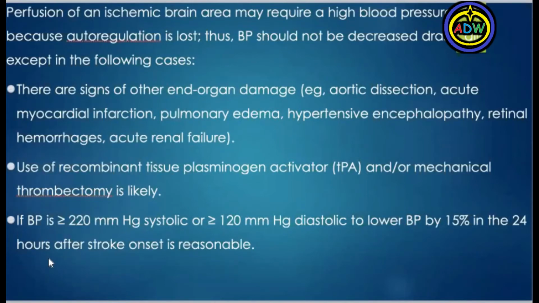So, if there is use of recombinant tissue plasminogen activator or mechanical thrombectomy, in this case blood pressure can also be decreased drastically. If blood pressure is more than 220 over 120, lowering blood pressure by 15% in 24 hours after stroke onset is reasonable.